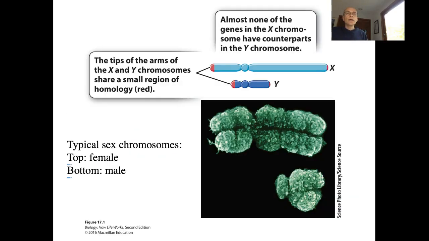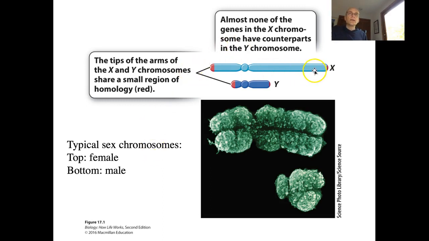All right, so with that in mind, let's talk about sex chromosomal inheritance in humans. Most humans have an X or a Y or two X chromosomes. What's typical is that females have two X chromosomes and males have an X and a Y chromosome.